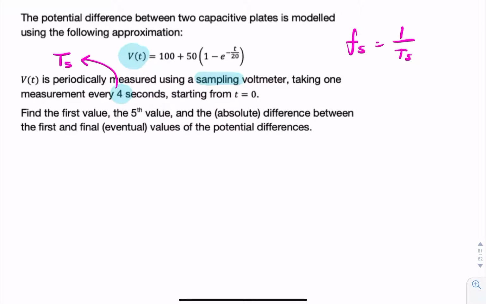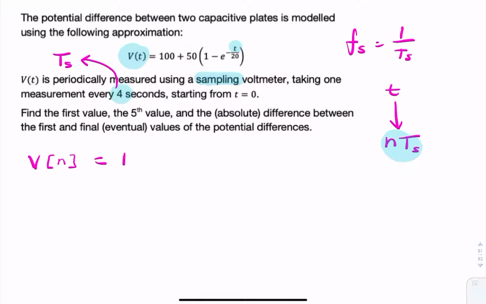So the first step is to rewrite V of t as a discrete time signal. And to do that, we'll replace t with n times the sample period, Ts. So wherever we see t, and that's only up there, we replace it with n times Ts.